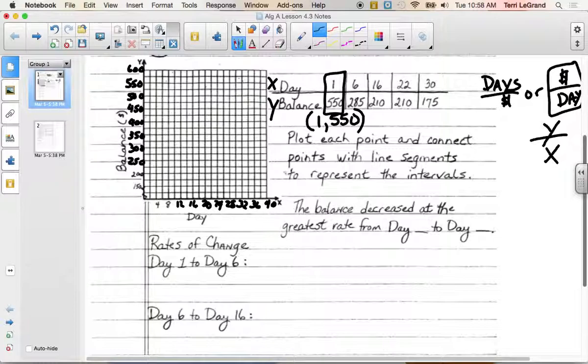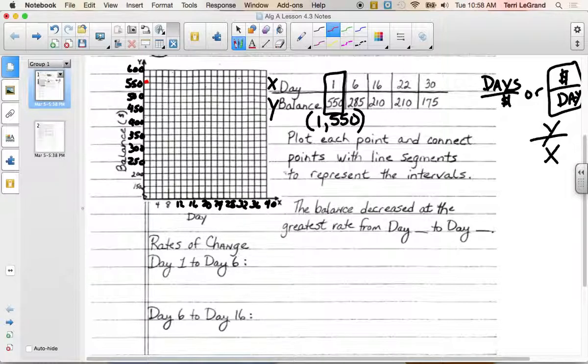So we have to go halfway between 0 and 2, and then we're going to go up to 550, and we're going to put a point there. I wanted that to be red so it would show up better for you guys. So 1 is not on a grid line, it's halfway between 0 and 2, and it's on 550. So there's our first point.